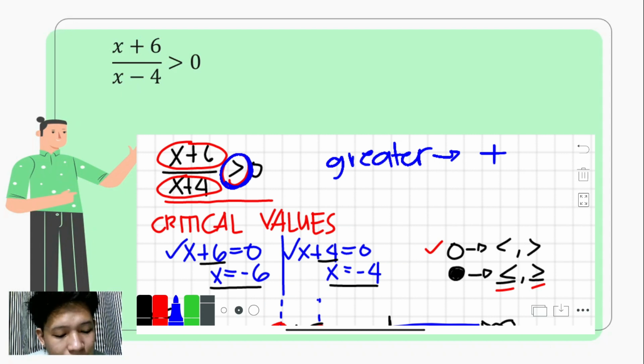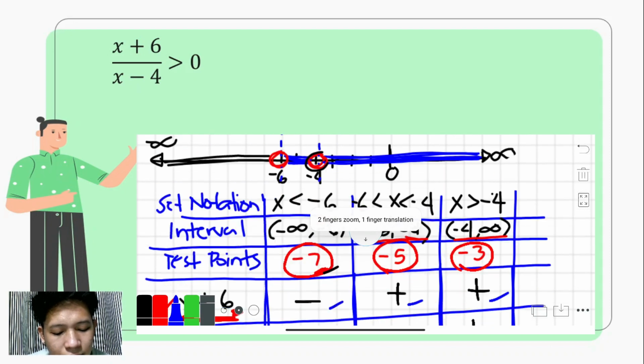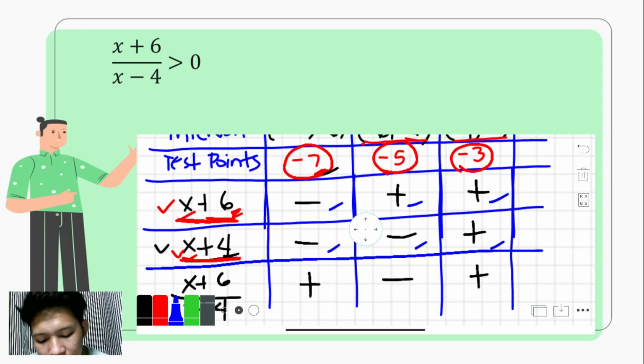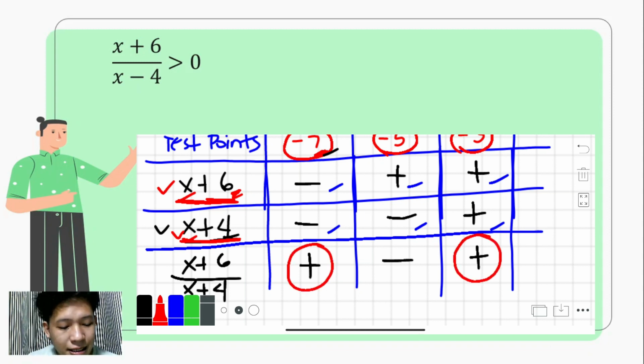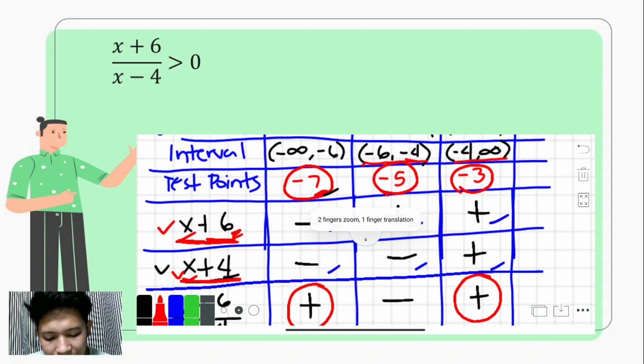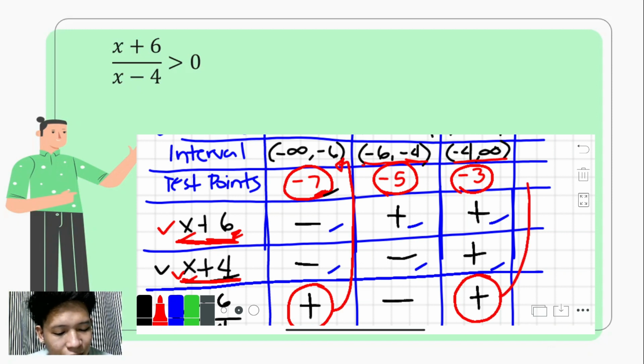Okay? So, ibig sabihin, ang i-consider po natin na sign dito sa ating table of sign are all the positive values. Hence, we are to consider this and we also have to consider this. So, ibig sabihin, yung solution po natin would be the interval na under nito. So, ito po at saka ito. Okay?